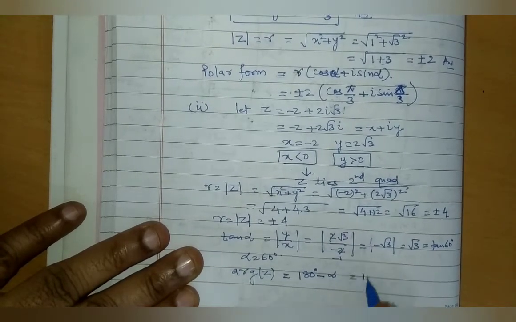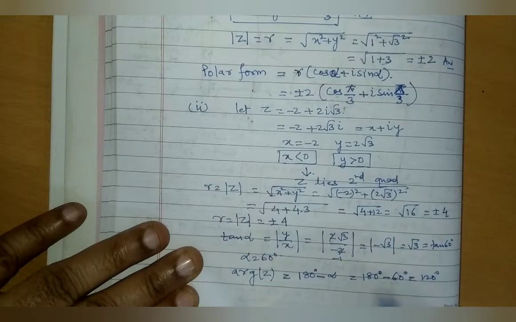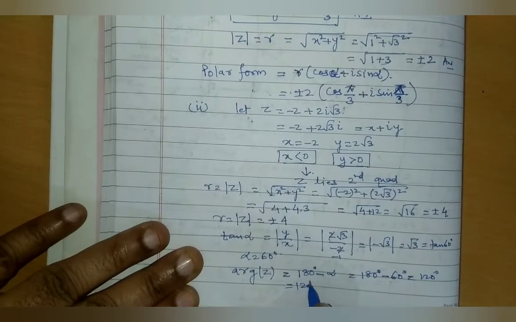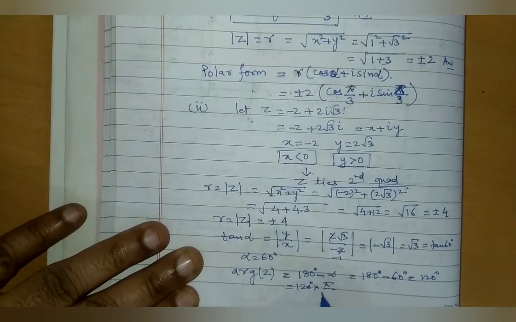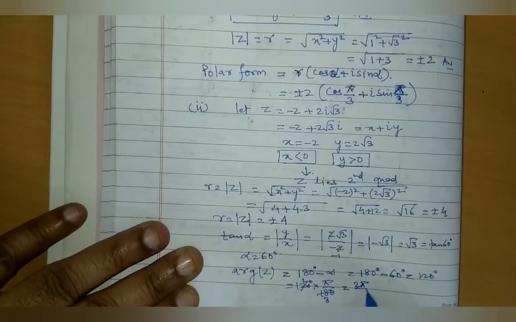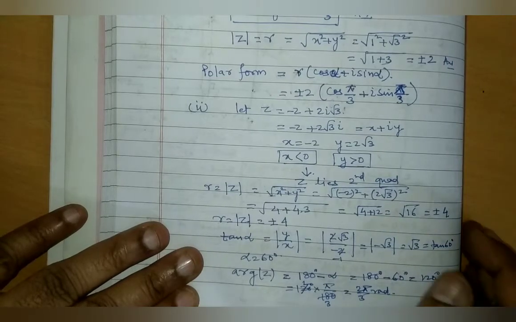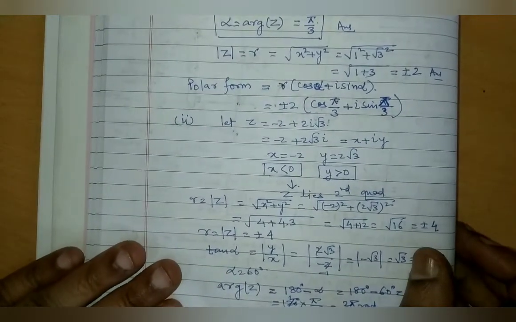So 180 degree minus 60 degree, so it is 120 degree, and now we will convert it in radian form. So it is 2 pi by 3 radian. So in this way we can find out the argument. So hope it is clear to everyone.